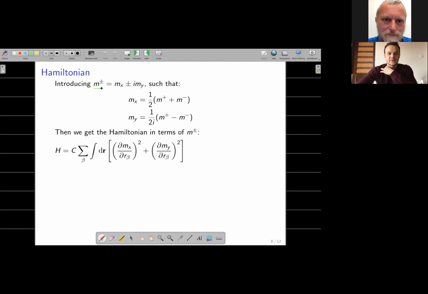We have m plus minus, which will be a linear combination, mx plus minus i my, such that they also have the inverse relationship between mx, my, and m plus, m minus.